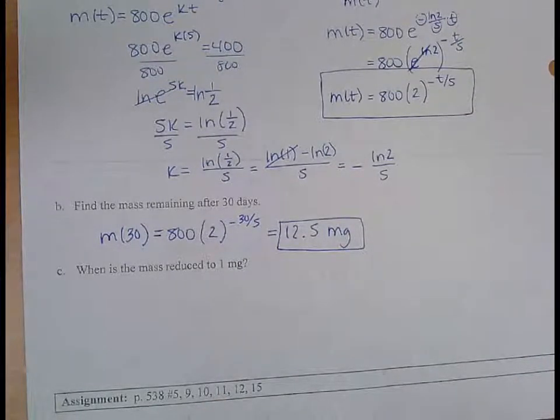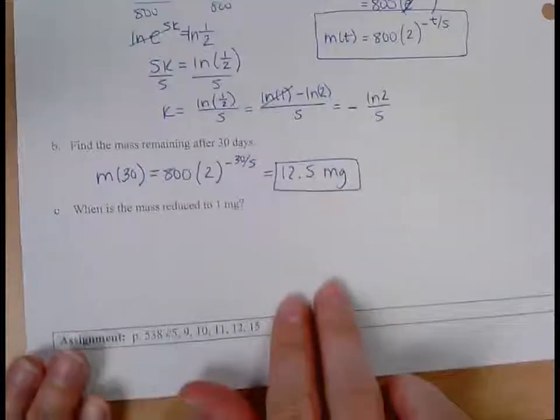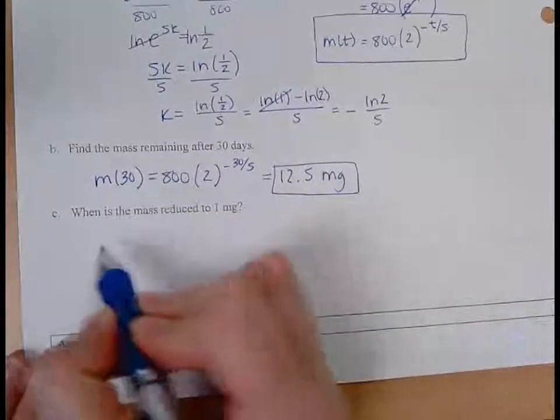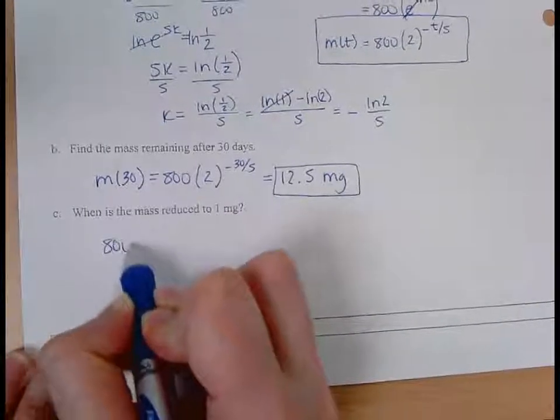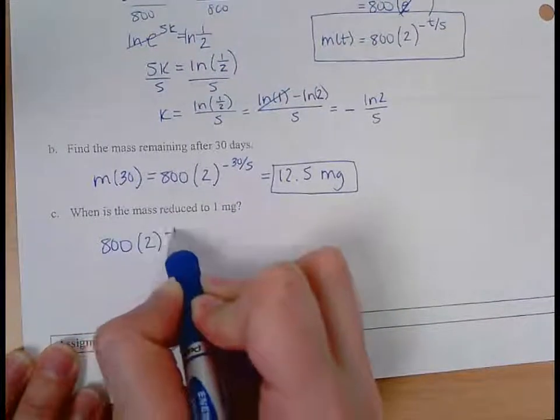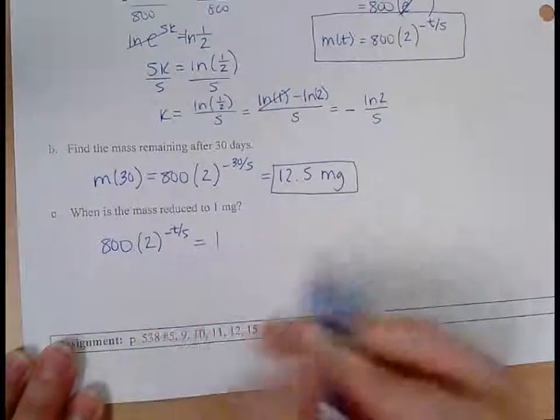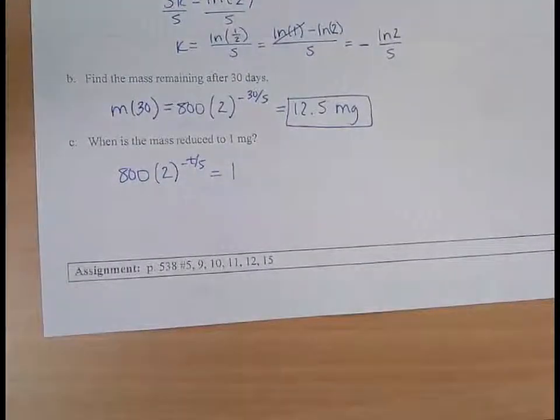And then when is the mass reduced to 1 milligram? How do we find that? Set it equal to 1 and solve for t.